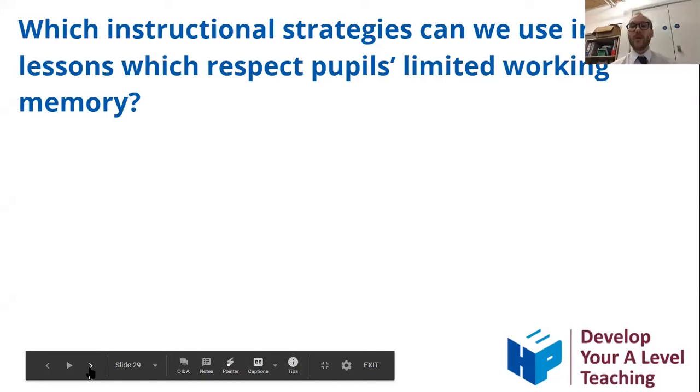I think that's quite often because the deeper structures, the thing that's driving it under the hood, is missing. And so it's really useful for us to spend some time thinking about that model of thinking and how information is stored, processed, retrieved, and applied by pupils. And that's what cognitive load theory tells us.